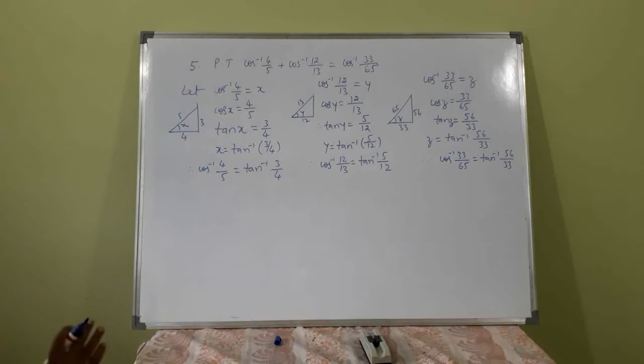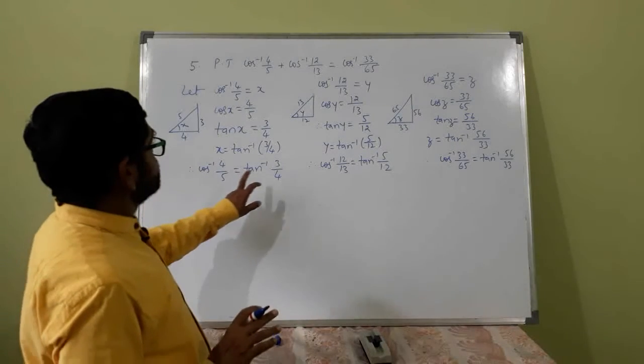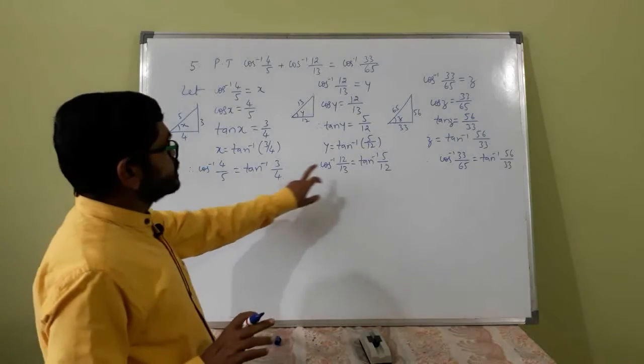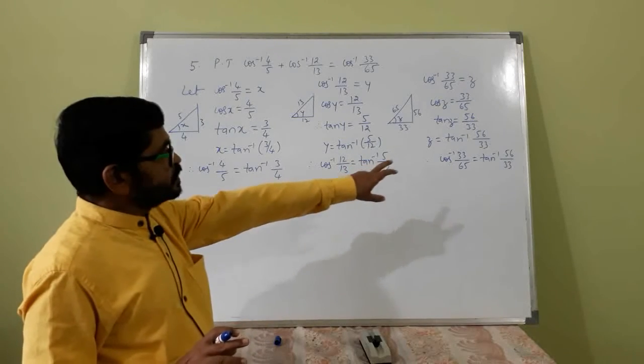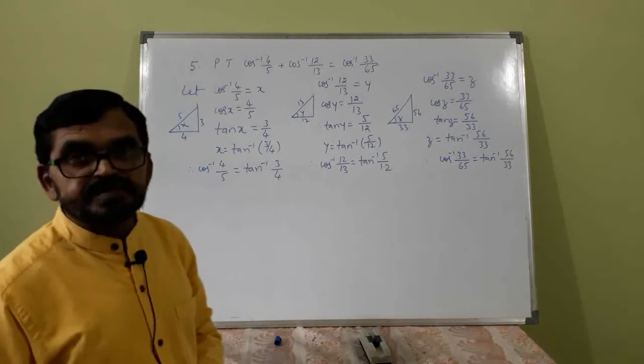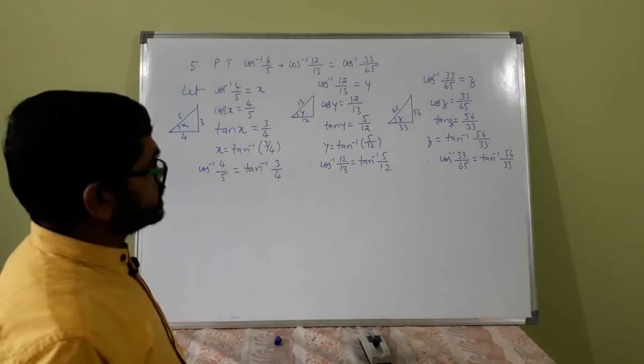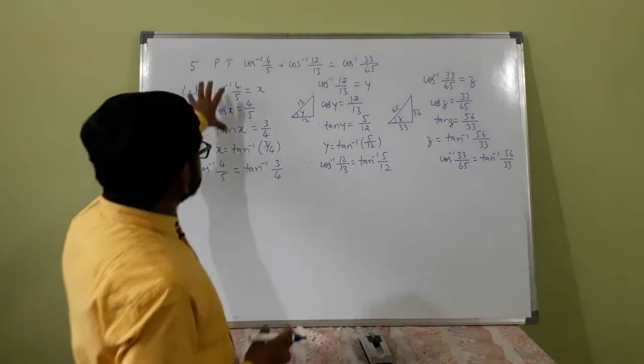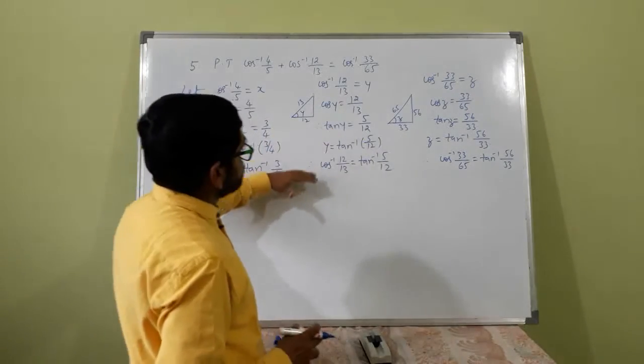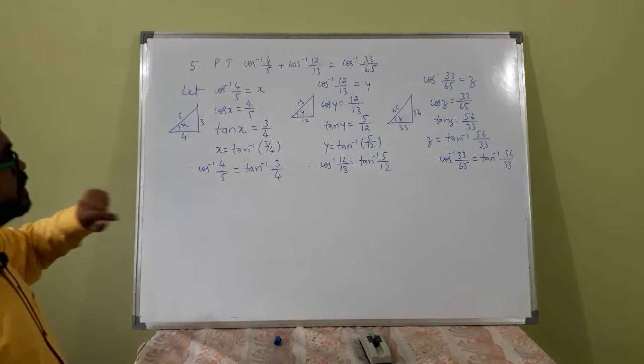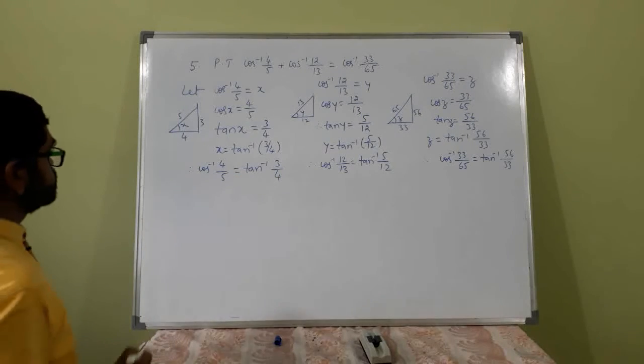So what you have to prove is now tan inverse of 3 by 4 plus tan inverse of 5 by 12 is equal to tan inverse of 56 by 33. So these are the preparation for this. Okay, finally you have to prove this.